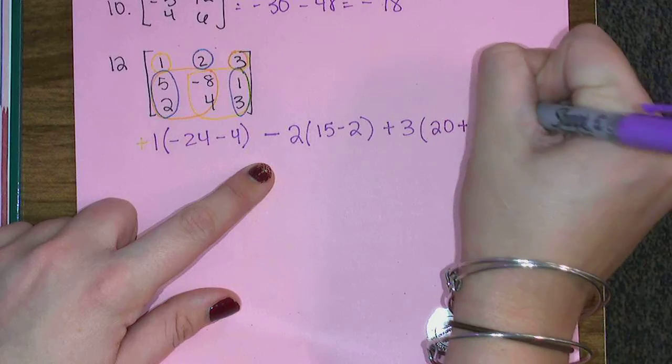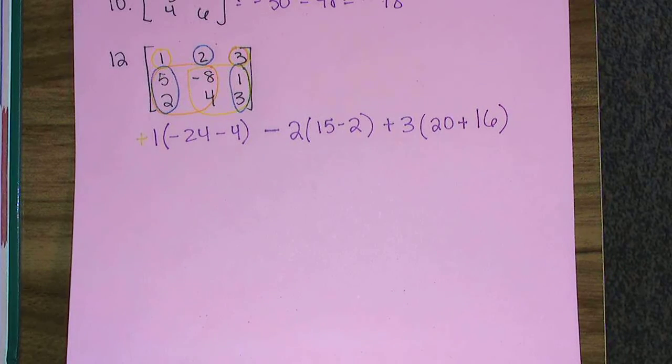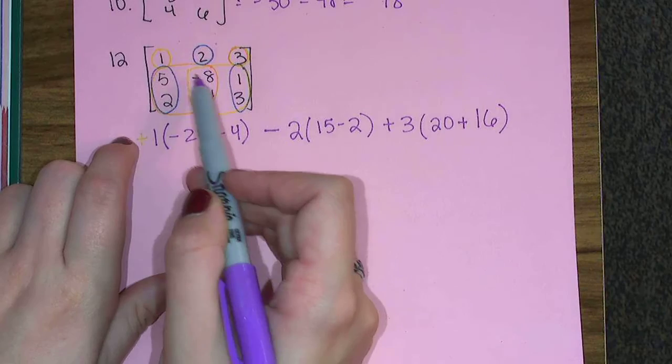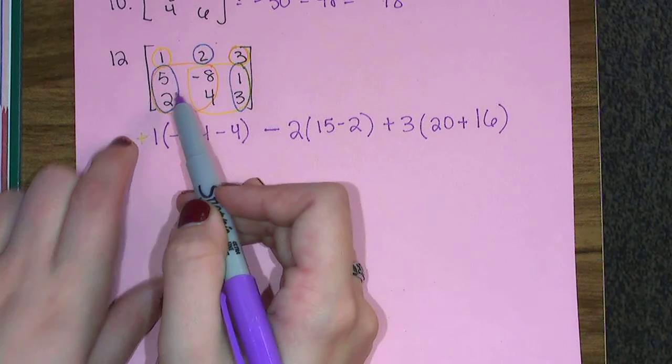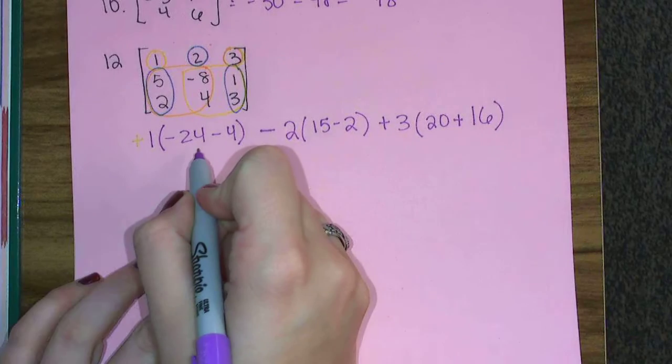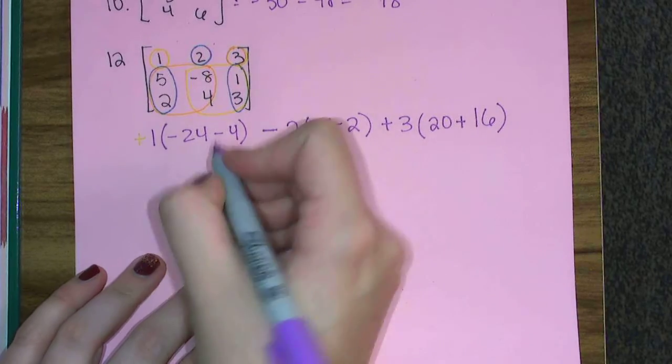Yep, 20 plus 16. This is orange. So what do I have here? Negative 28.